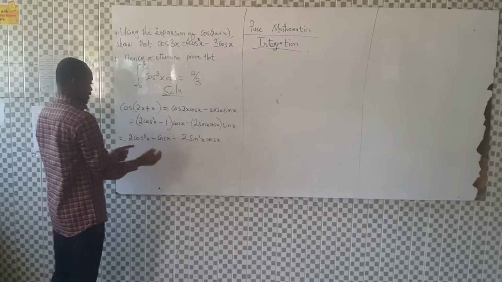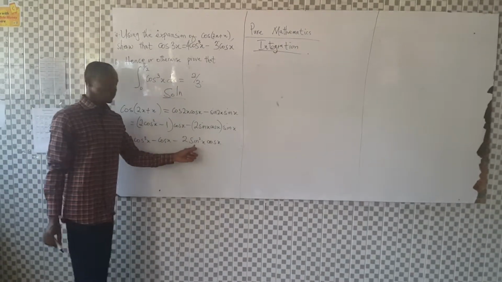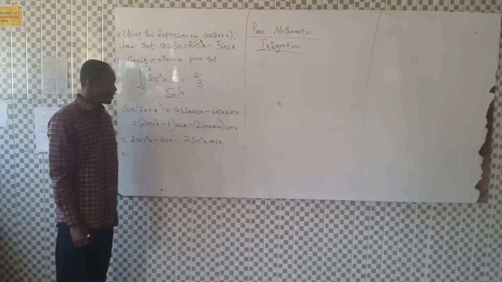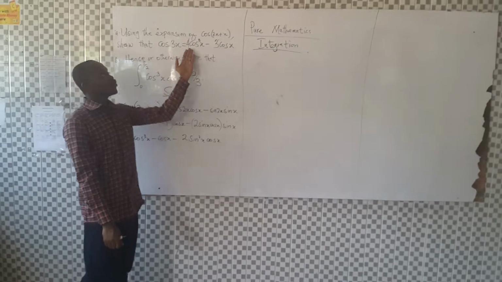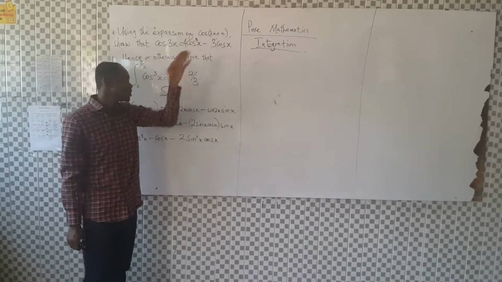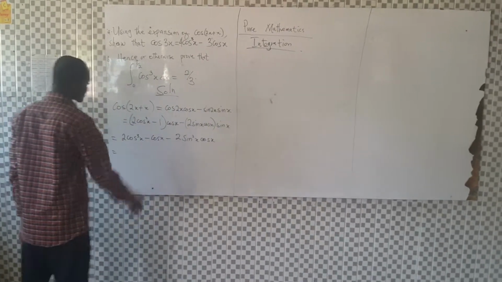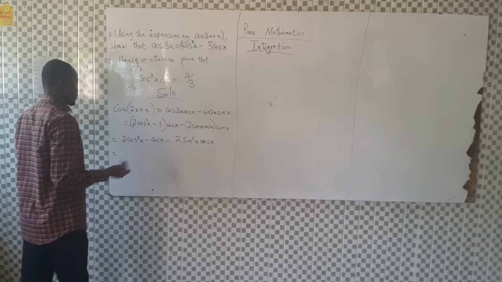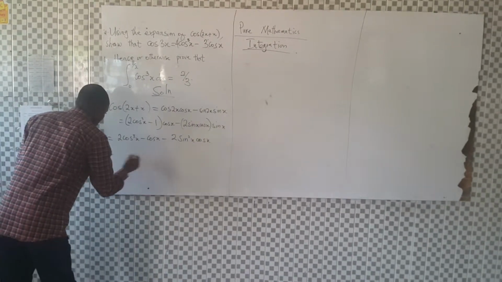Then we realize that this can also be simplified in a way that it will include cos x, because when we look at our final result, everything is in terms of cos. So we have to do another substitution for the sin²x, and of course we come back to one of the basic identities in trigonometry.